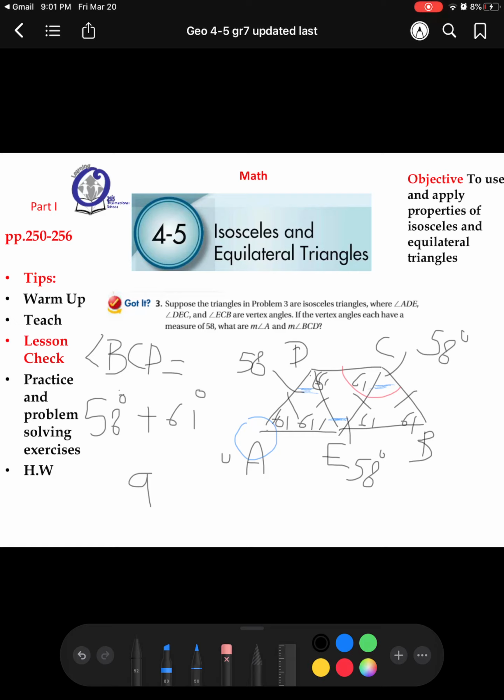So 58 plus 61 is 119. This is the measure of it.